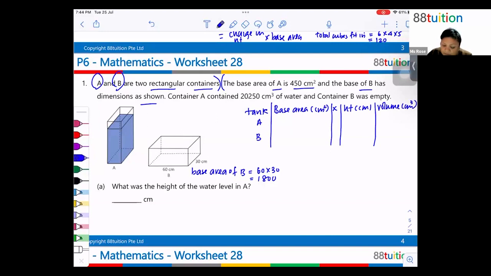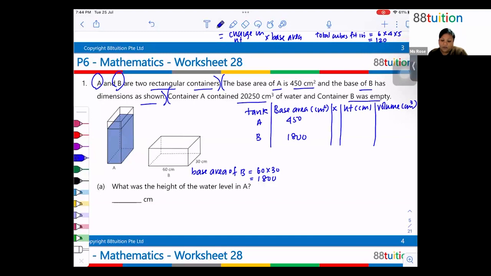Tank A's base area is 450. Tank B's base area is 1,800. Tank A contained this amount of water and tank B was empty.